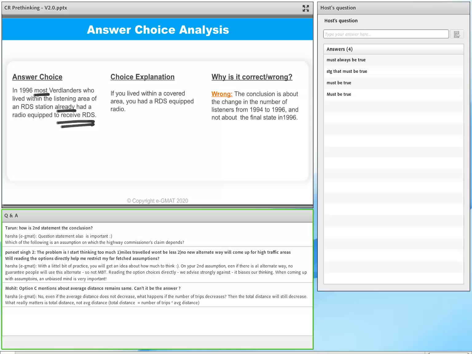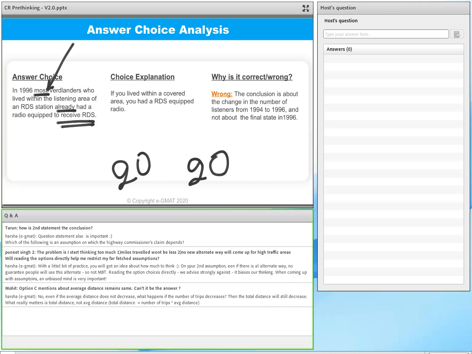So is it required that more than 50% of our Worlanders have this nicer radio? In other words, if in 94, 20% of Worlanders had the nice radio, and in 96 also the same 20% had the nice radio, would my conclusion not still hold true?